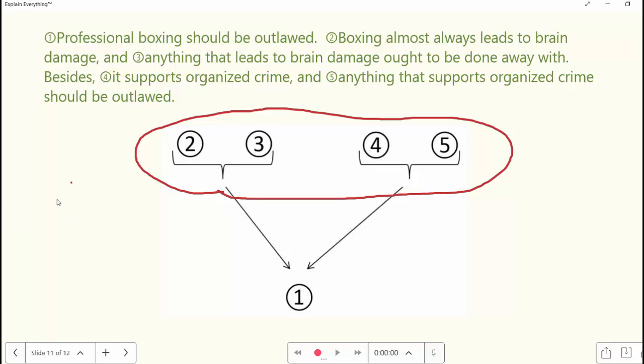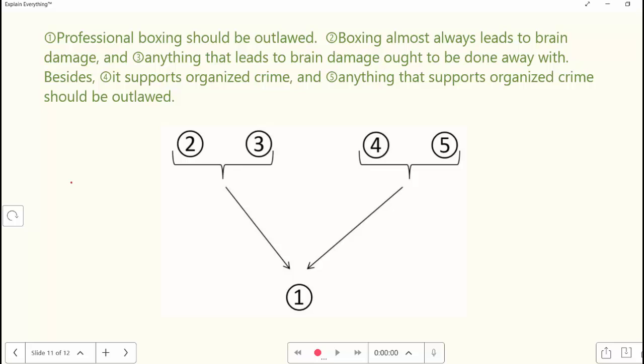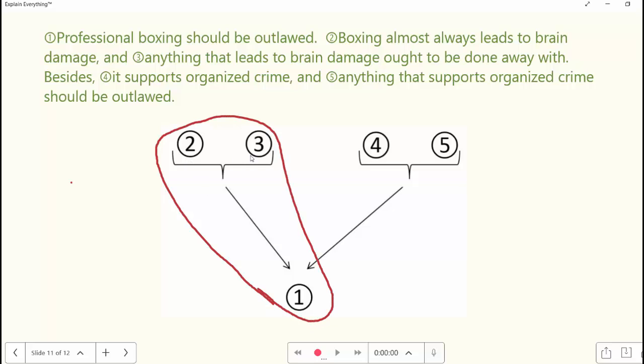And then what that tells us even further is that this is independent. 2 and 3 working together is independently working to 1 from 4 and 5 working together to getting us to 1. So let me say that again and maybe use different words.